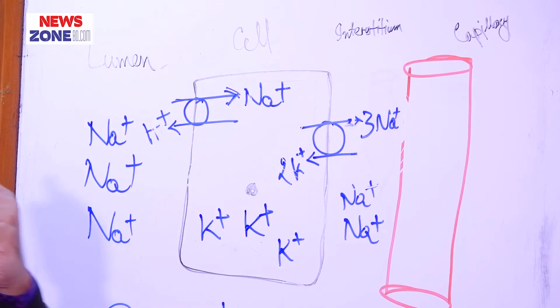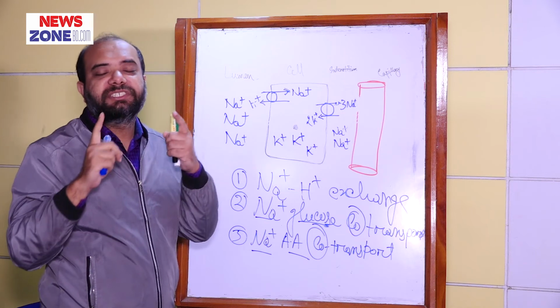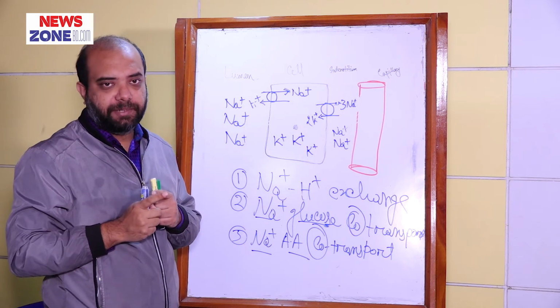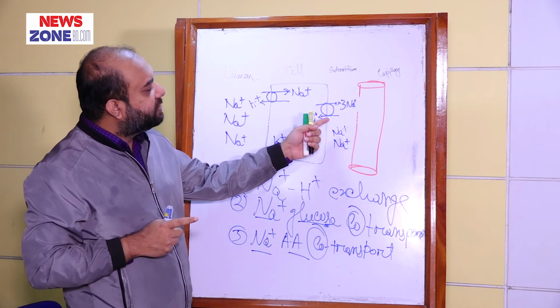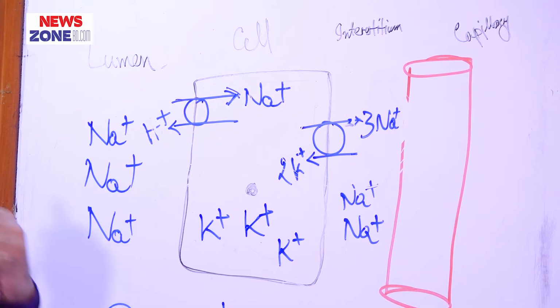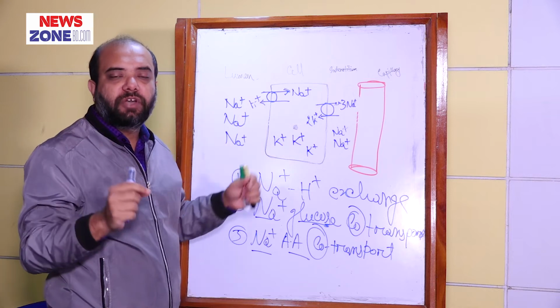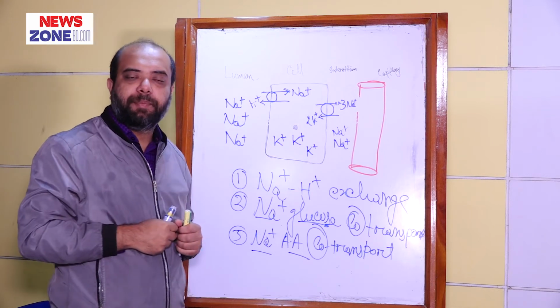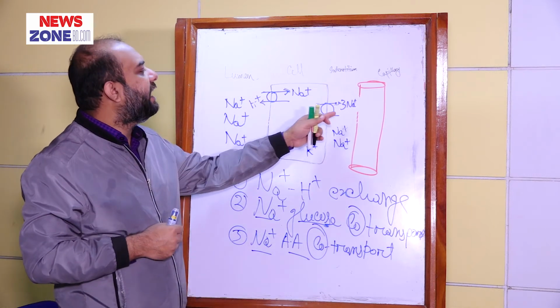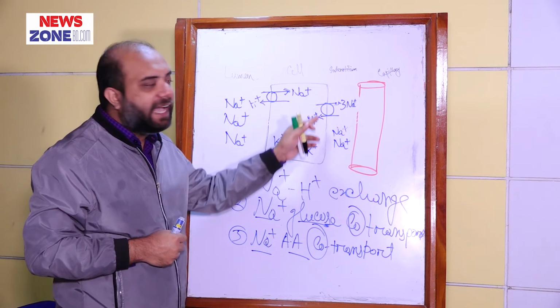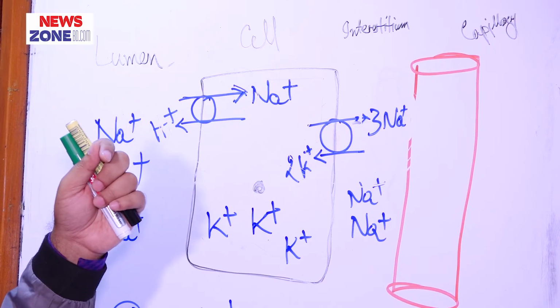And now I will tell you another basic difference between the primary active transport system and the secondary active transport system. In primary active transport system, the energy is expended directly. That means we know the source of energy, the ATP. That means ATP will be used here directly in case of primary active transport.